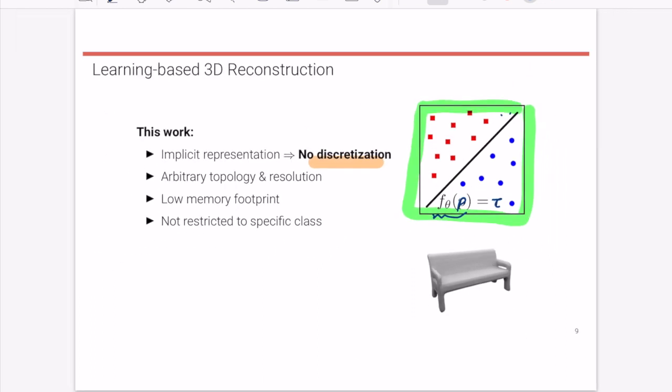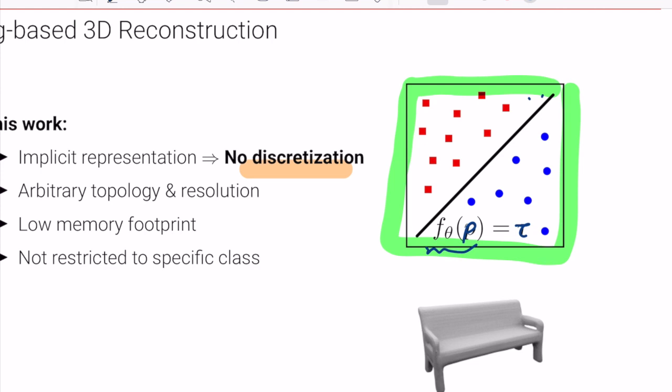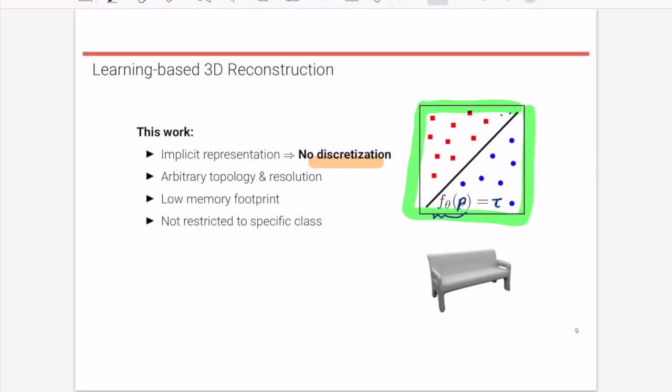If this function f theta can ideally estimate the occupancy of the 3D field given a specific point p, then ideally we can estimate an infinitely-many-point representation. This is the key ingredient of the implicit representation.